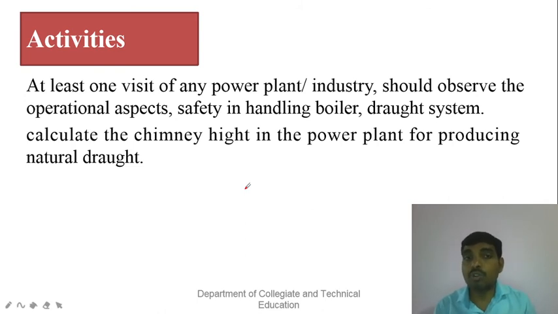Study that boiler draught system and prepare a detailed functioning of it. If there is a natural draught system, then calculate the chimney height and compare it with the height of the stack actually constructed there. This will give you a brief idea about how much natural draught is possible in the power plant.